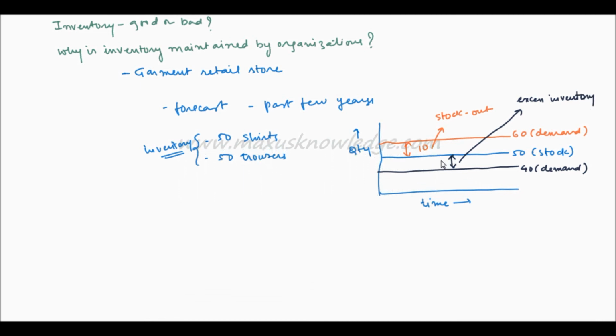So this excess inventory will be unsold. You will not be able to sell because there is no demand, and you will end up losing money on the excess inventory because you have already spent money to buy this excess inventory. So you have spent money to buy, but you are not able to sell. So you are losing money on that, and eventually you may end up selling this at a much lower cost. The excess 10 you may end up selling at a much lower cost than what you had bought it for.